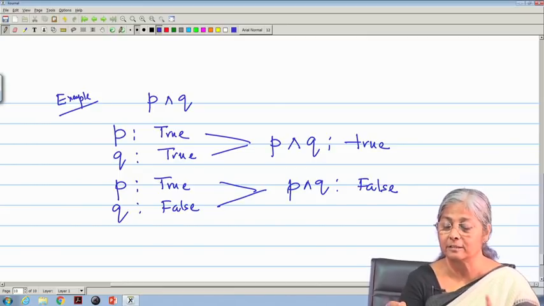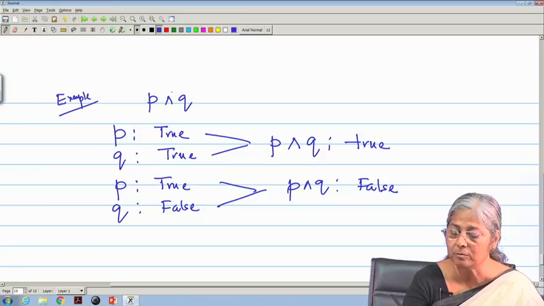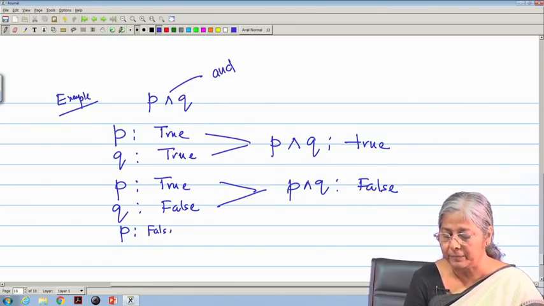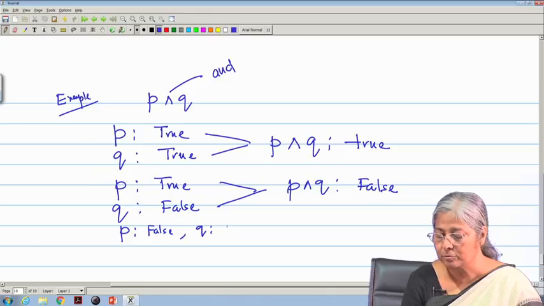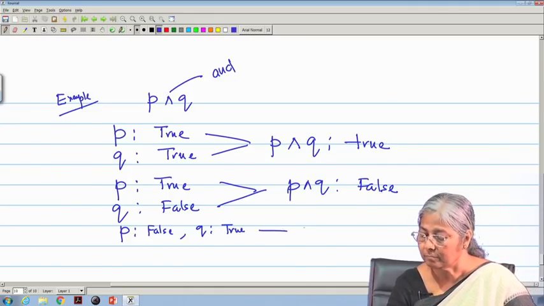Since this is AND, P and Q gives you actually AND. So, now I can quickly write that if P is false and Q is true, then P and Q is false.